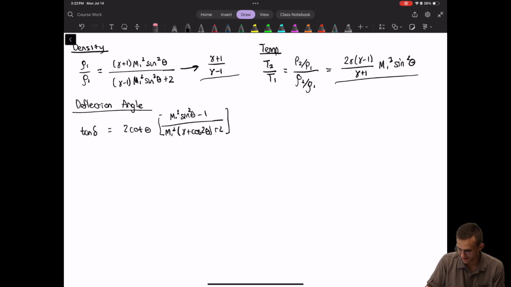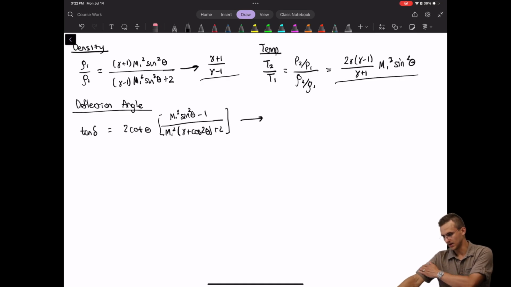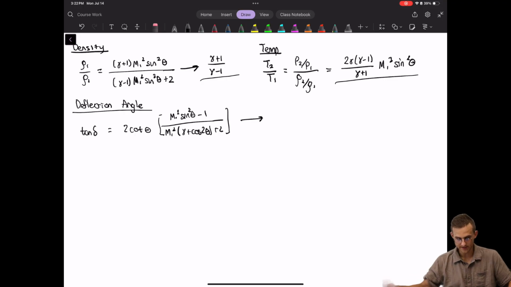Well, we know that in the hypersonic limit, we're going to have a very, very small shock angle. And we also know that the deflection is also going to be very, very small.